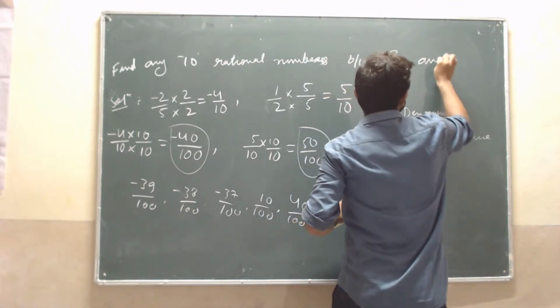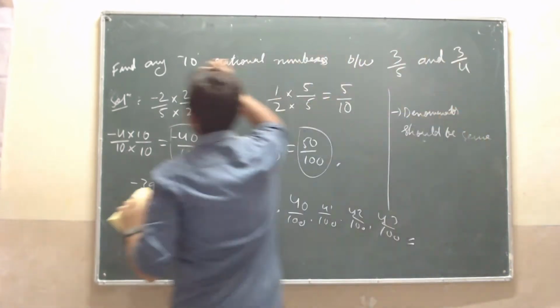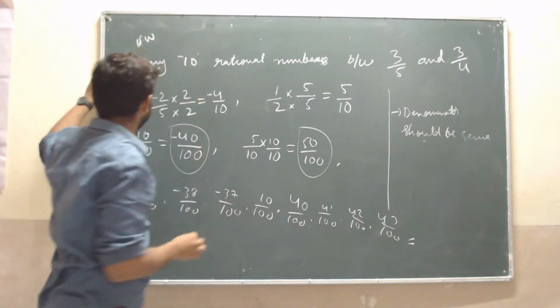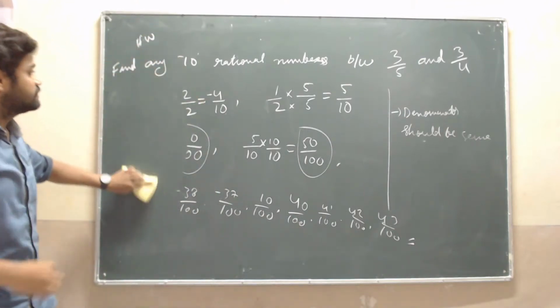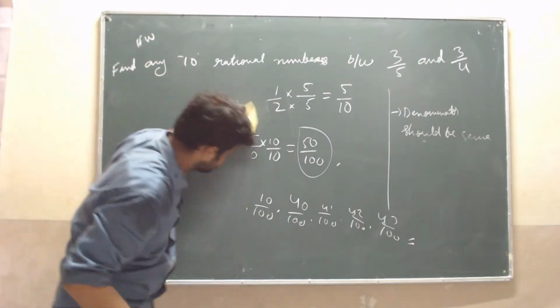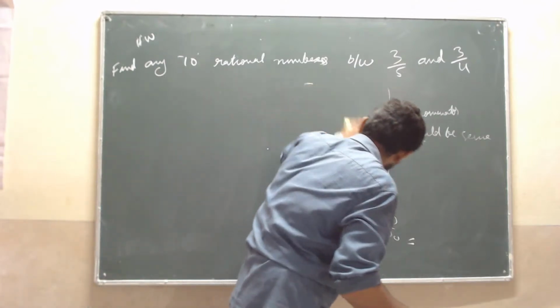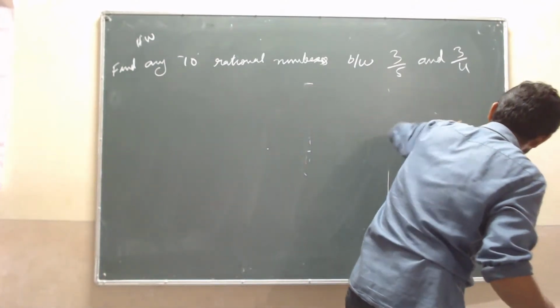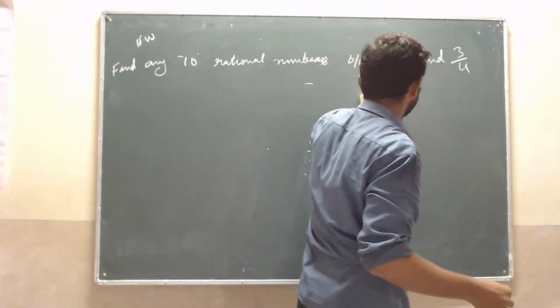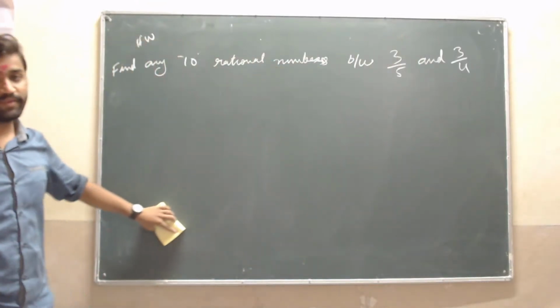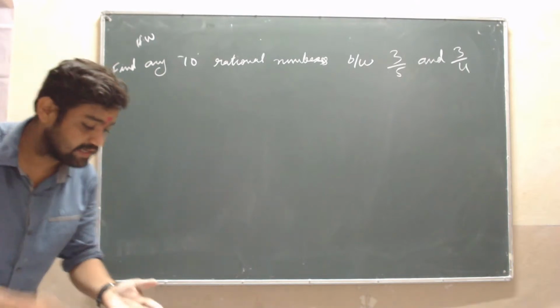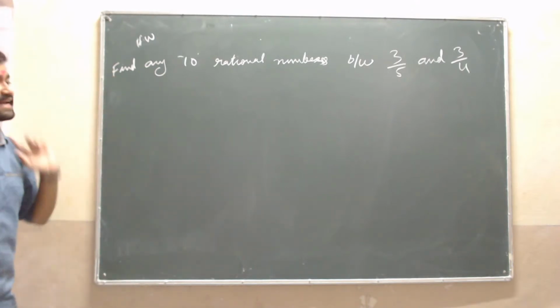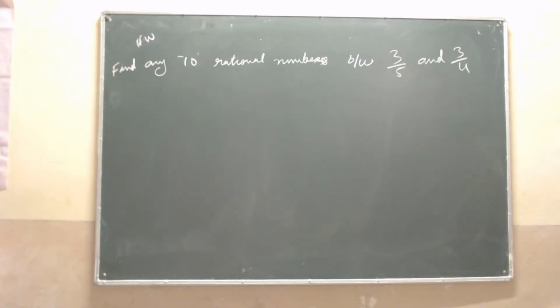This will be the homework for you. First step, you have to make sure the denominator is the same, and afterwards between those we have to get 10 rational numbers.